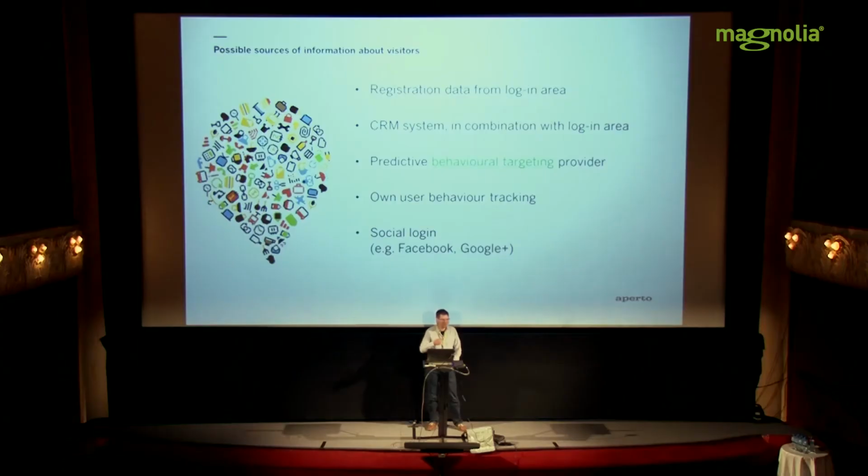You could connect some kind of behavioral targeting provider to your system, and that essentially means that some external system makes guesses based on probabilities and using cookies, about things like your visitor has a probability of maybe 60% that he's female or male, and that may already be useful to show more relevant information.